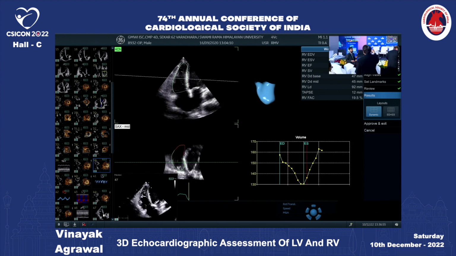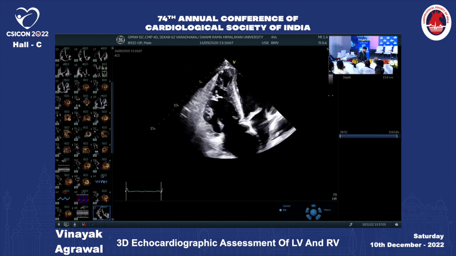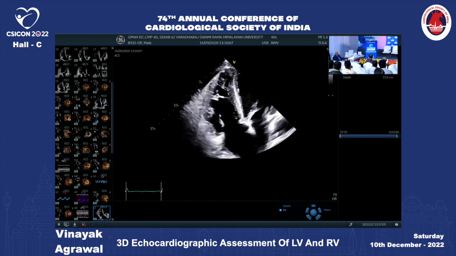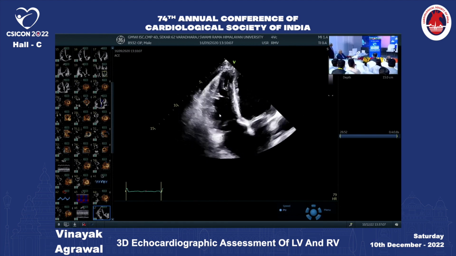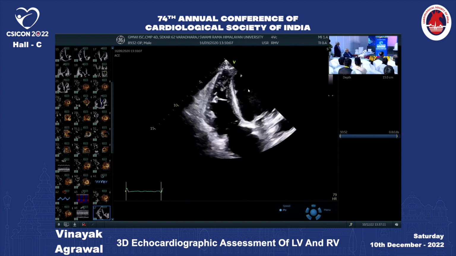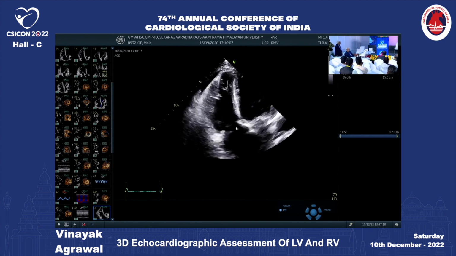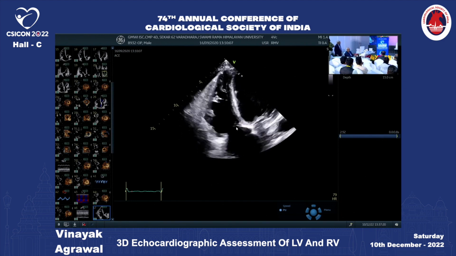So what are the tips for getting a good RV focused view? Usually you keep the transducer over the apex, a little inside the apex, to get the LV views, four chamber view. So for the RV, you go a little lateral to the LV from the apex position. You go laterally and image.